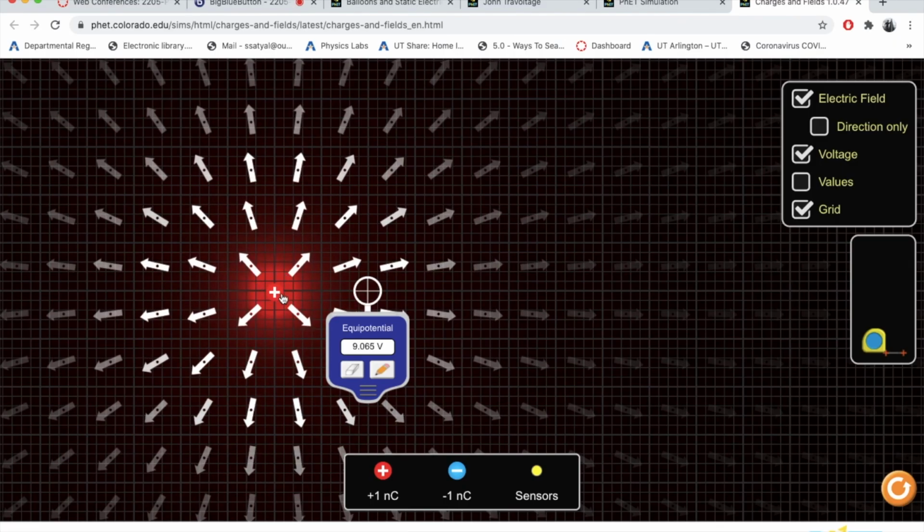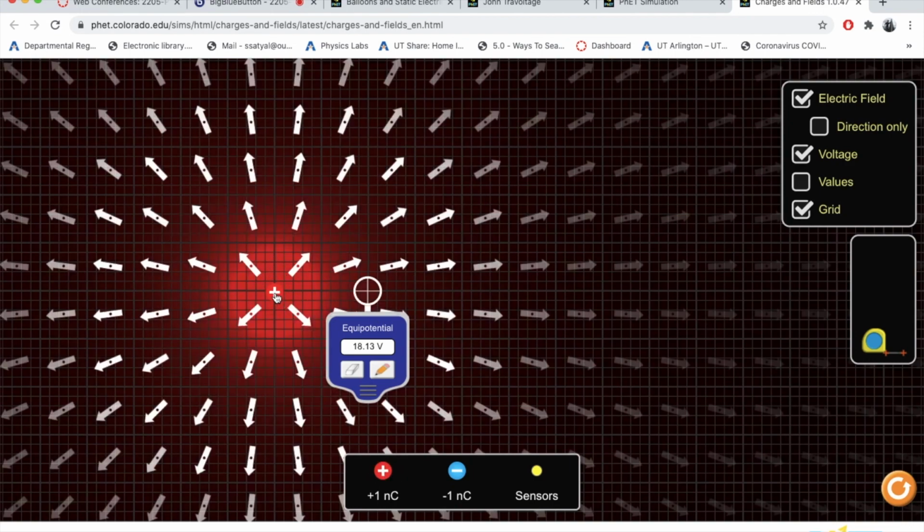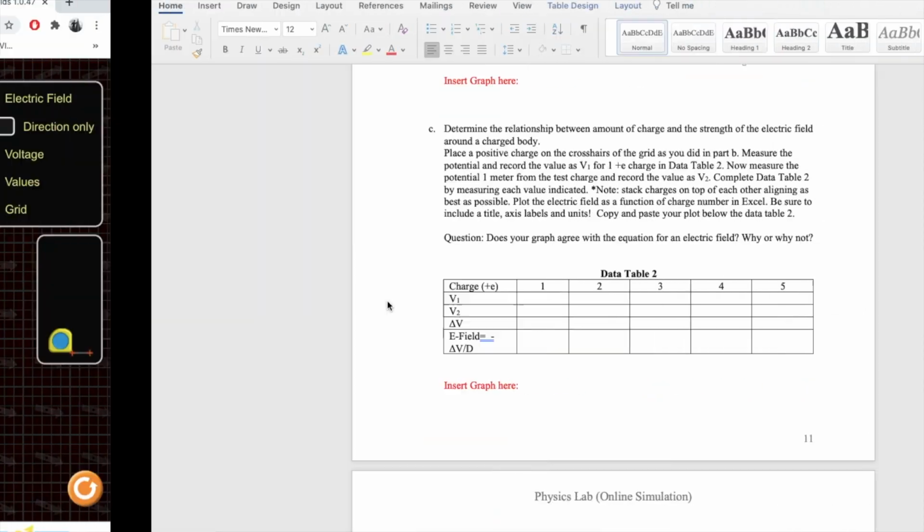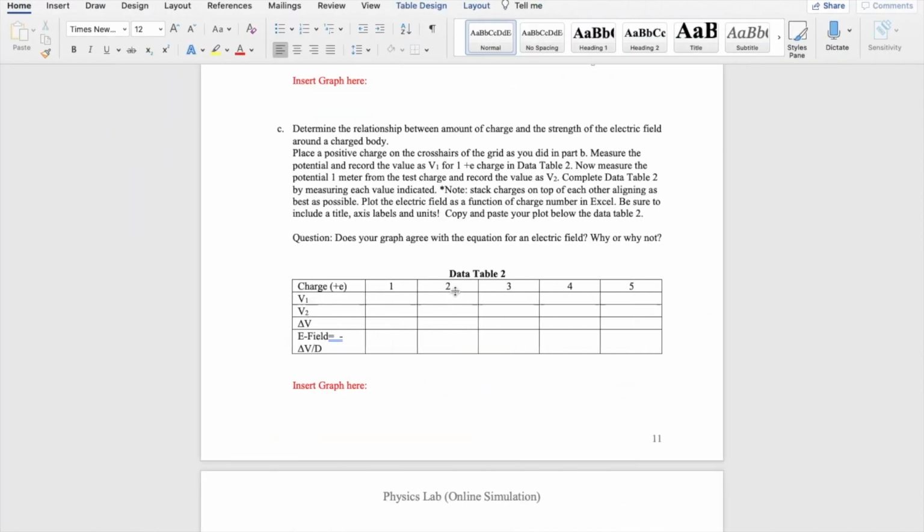Measure the potential here and measure the potential 1 meter away. What is the potential difference? Add another charge here, and now you have a different electric potential. What is the potential difference for Q equals 2? For Q equals 2, for charge equals 3, 4, 5, get the potential difference for all 5 different charges.